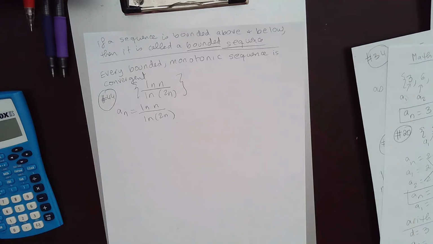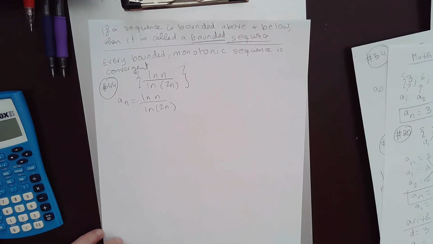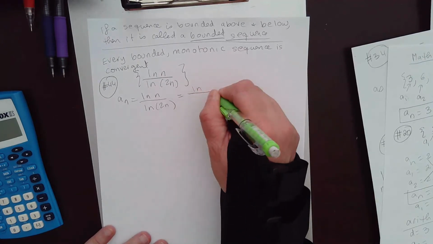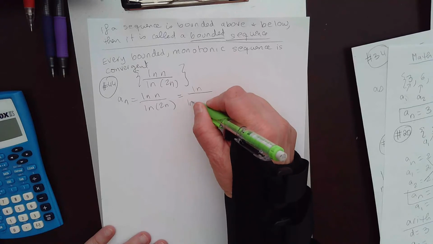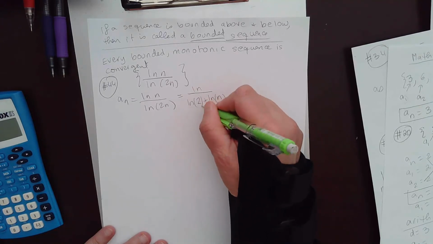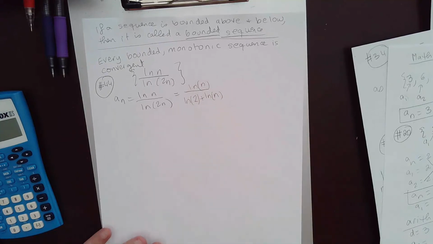We have to use our knowledge of algebra here to find out if it converges or diverges. The denominator is ln 2 plus ln n. Recall the properties of logarithms from algebra: ln 2n is ln 2 plus ln n.